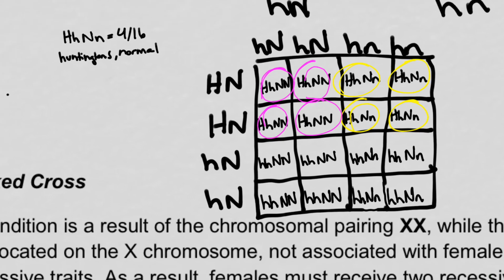Okay, so then heterozygous Huntington's, homozygous dominant normal. It's also 4 out of 16. And that phenotype is also going to be Huntington's normal.